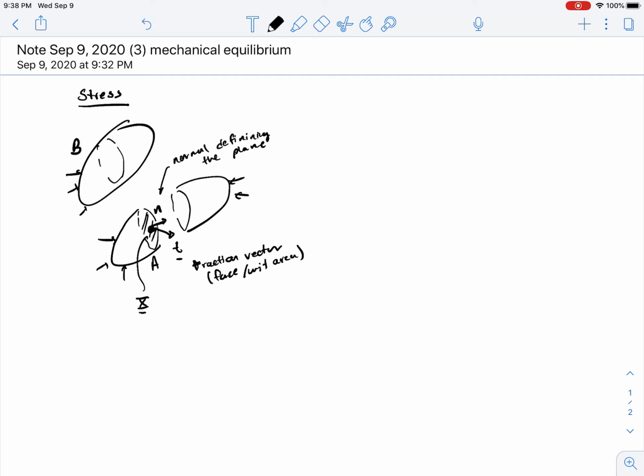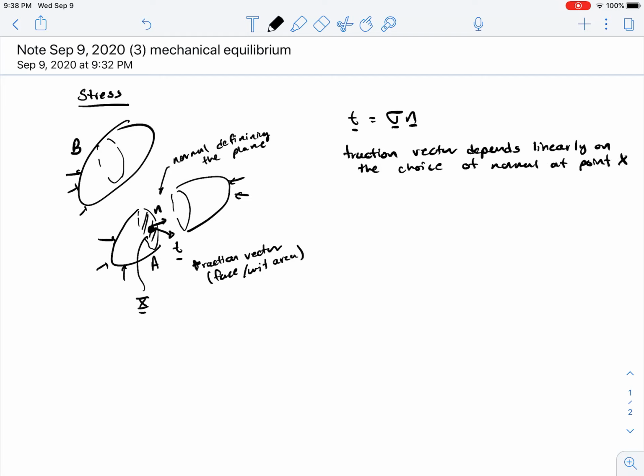So what that means is that the traction vector depends linearly on the choice of normal at point, and this should be of the form x, at point little x.